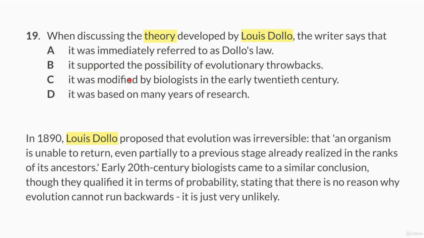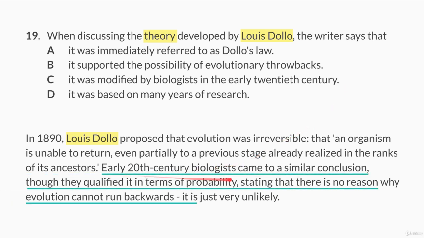What was modified? The theory that Louis Dollo developed. That theory was modified by biologists in the early 20th century. So this right here, my friends, is our matching sentence, and that is where we have found our answer. Here we see a mention of early 20th century and a mention of biologists, so we know that the answer has to be C, right?